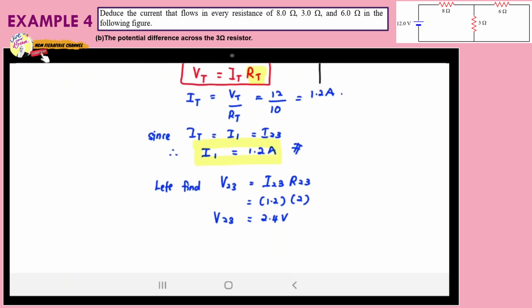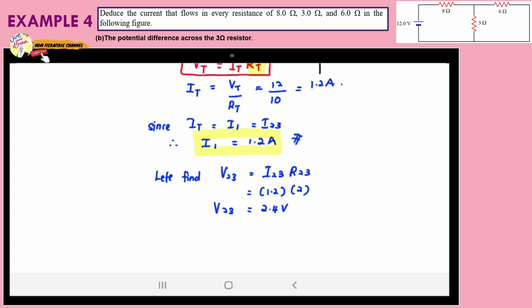So now kita belum lagi menjawab soalan. Kita nak kira current. Therefore, kita boleh tulis, since V23 tadi parallel kan? So V2 dengan V3 parallel. Therefore, V23 is equal to V2 is equal to V3.